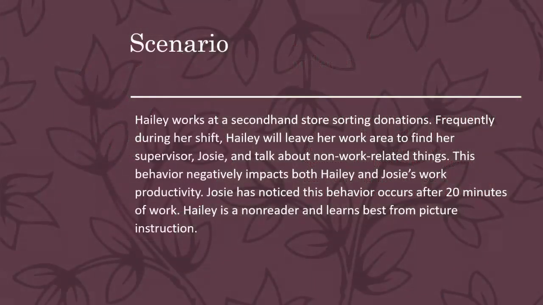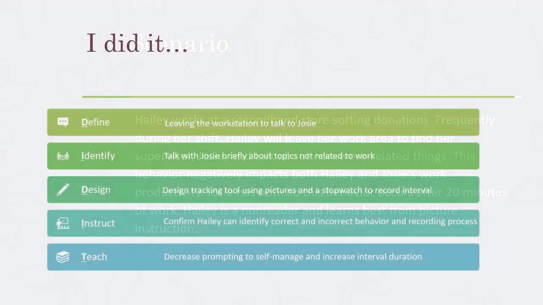Let's look at our scenario one more time and break it down using I did it. Well, in this case, we did it. So first, we identified the target behavior, which is Haley leaving the work area to go talk to Josie after about 20 minutes of work.